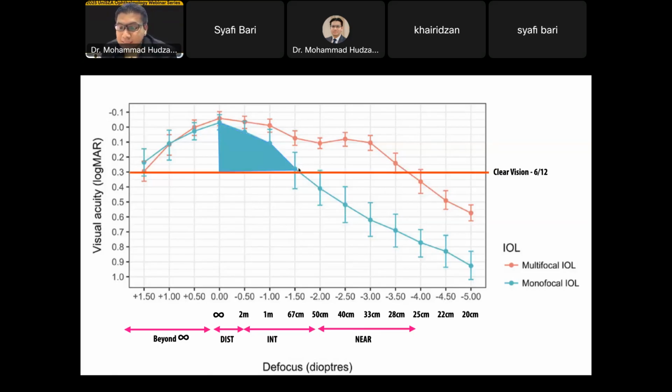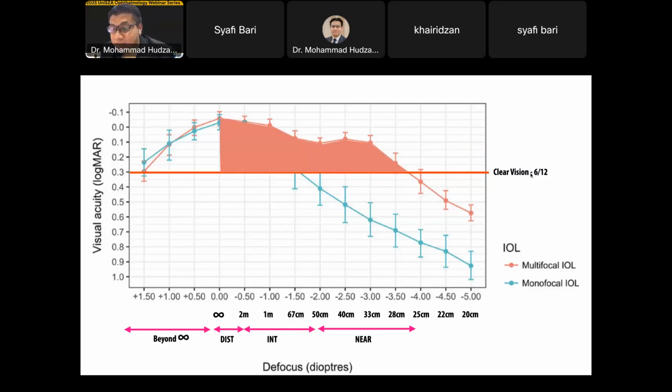So if we decide that clear vision is 6/12, for example, if we say 6/12 is acceptable for clear vision, then for this lens, the monofocal can provide clear vision from infinity until 67 centimeters, and the multifocal IOL can provide clear vision from infinity until around 25, 26 centimeters.